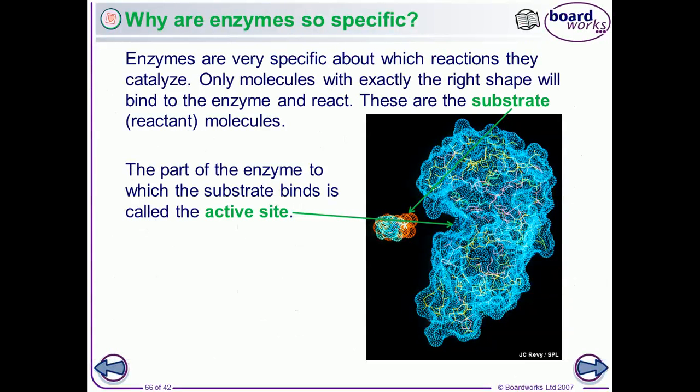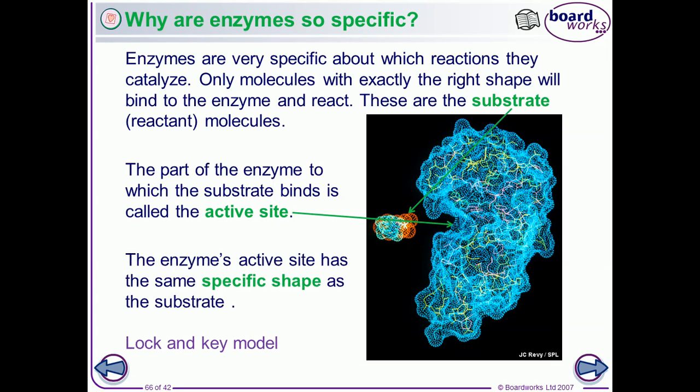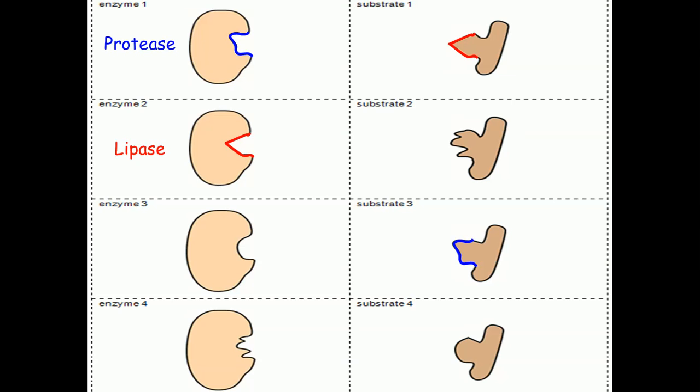And we know that shapes in proteins are important. For instance, in an enzyme, the substrate binds onto the active site because they have the same specific shape. For example, the protease active site has the same specific shape as the protein substrate, and therefore only that substrate fits into the protease active site and can be broken down.